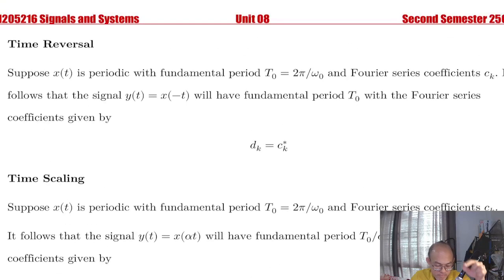As for the time reversal, we flip it around 180 degrees. If we flip a signal around 180 degrees, the Fourier series coefficient would have to be complex conjugate. A star means complex conjugate.